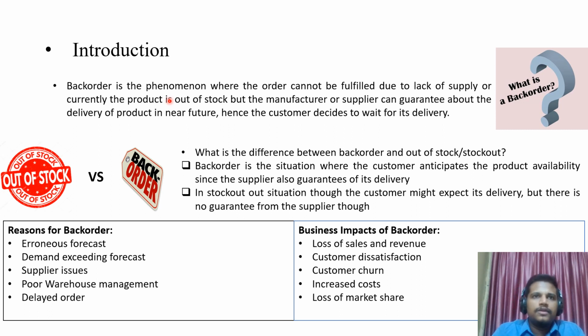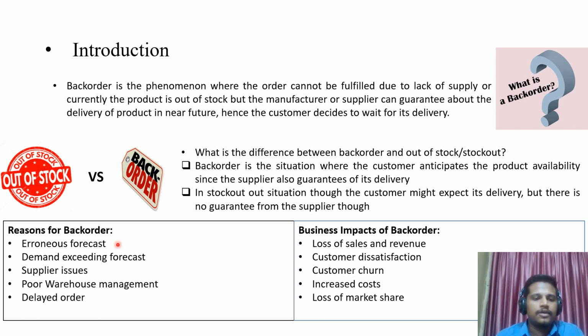Now coming to the very common reasons for back order, one of the most important reasons is erroneous forecast. If the forecasting mechanism within the organization is poorly managed, and the department is not able to gauge the forecast of the products, there is a high chance that the product will culminate into a back order scenario.